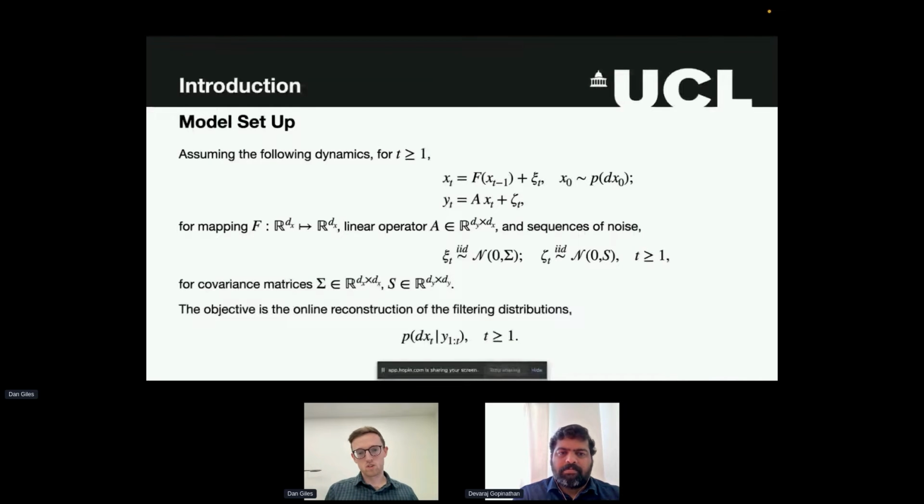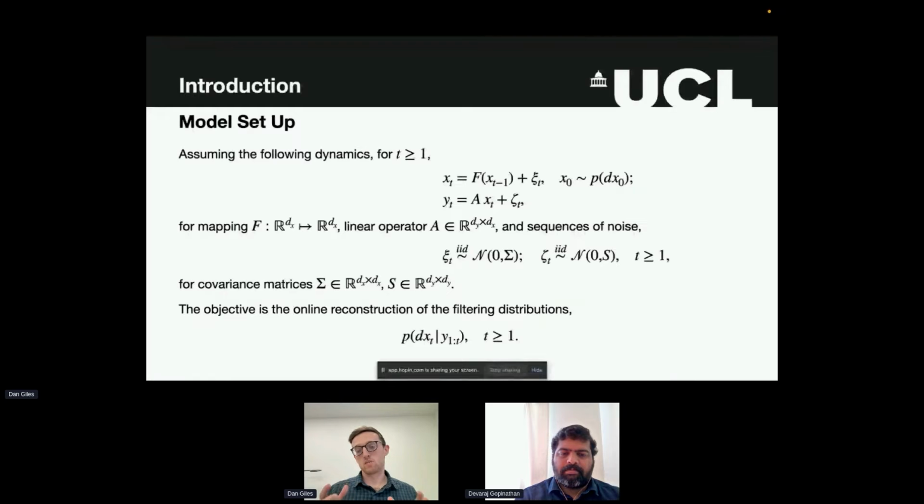This forward model will also have some kind of model noise associated with it, and we're assuming that the model noise is normally distributed with some mean and covariance structure. And then on the other side, you'll have your observations, the other source of information, which is denoted here as Y of t.